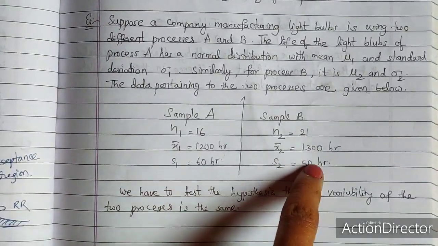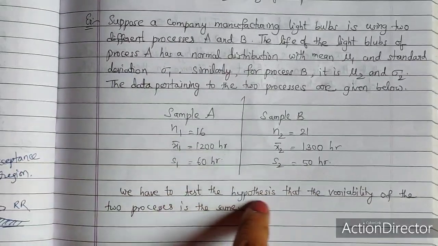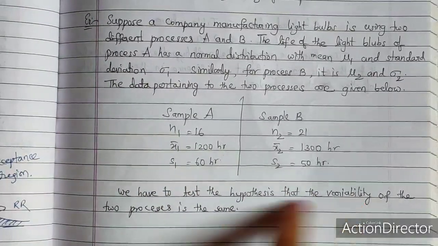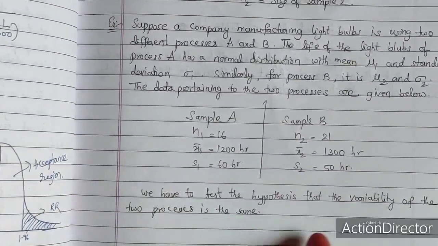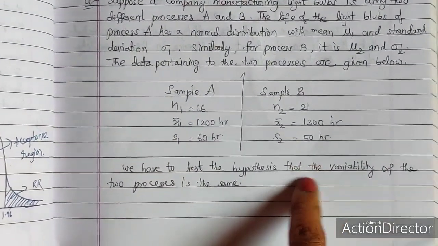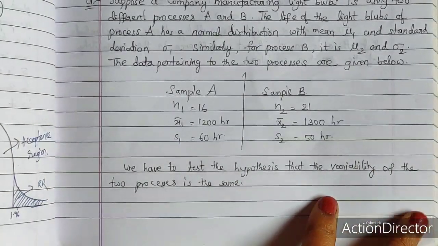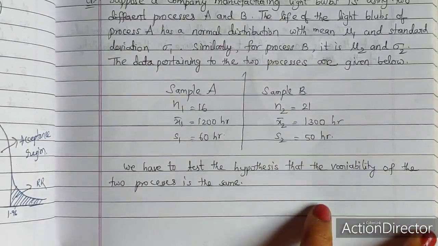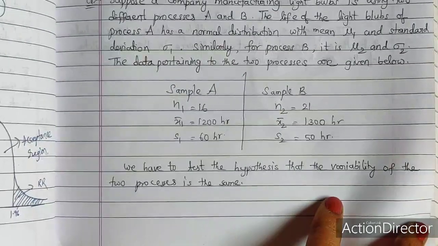Here we have to test for variability. We have to test the hypothesis that the variability of the two processes is the same or not. If we want to test for variability, then we go for the F test. Which type of test we take depends upon the type of the problem.